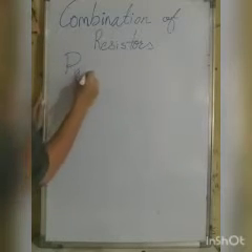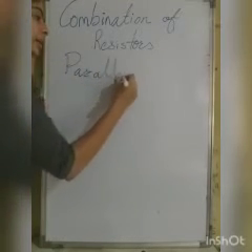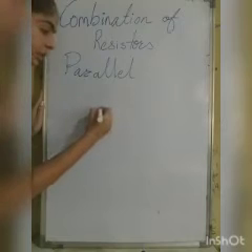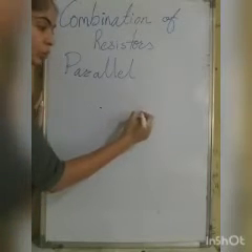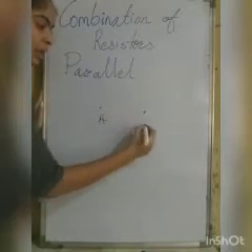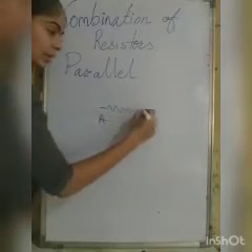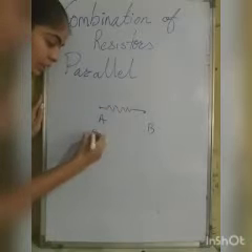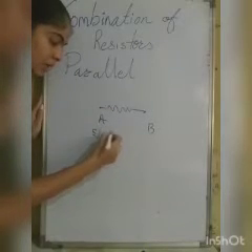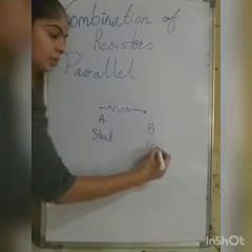In parallel connection, between two points A and B, the resistances are connected in such a way that their start point and end point is common.